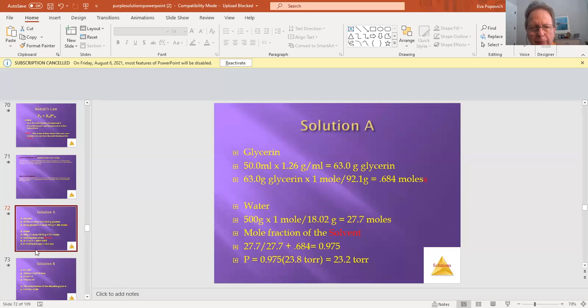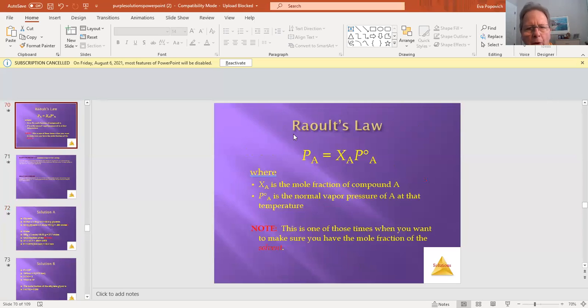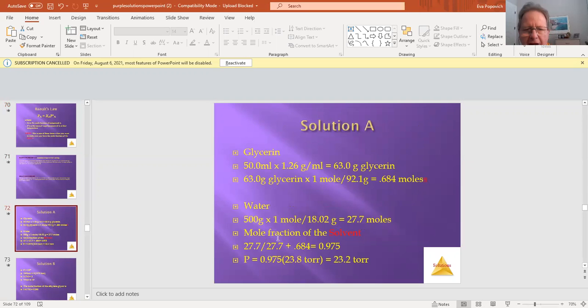Okay, so then it's 0.68 divided by 0.975, correct? No. X is the mole fraction of the solvent. We just got that by taking the moles of the solvent, the 27.7 moles of water, divided by the moles of water plus the moles of the solute, which was the glycerin.